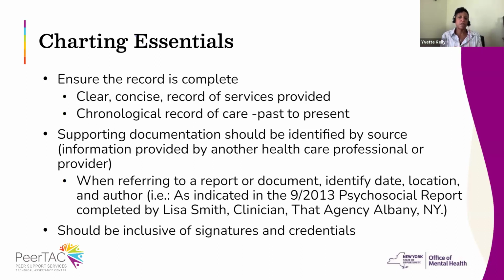Obviously, if you're a peer provider, that's not within your scope of practice. So you would want to say, individual diagnosed with depression as referenced in this document, or as referenced by this provider. So it's clear that it's not you who's making that determination.